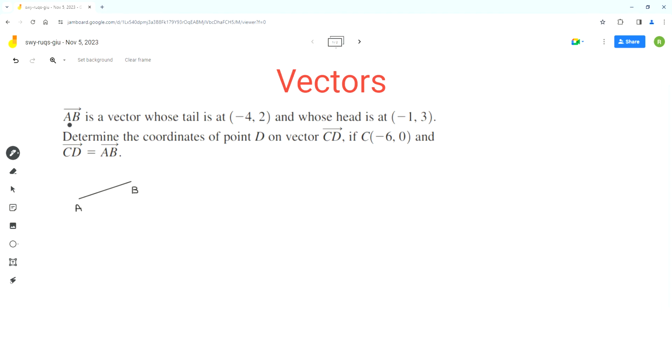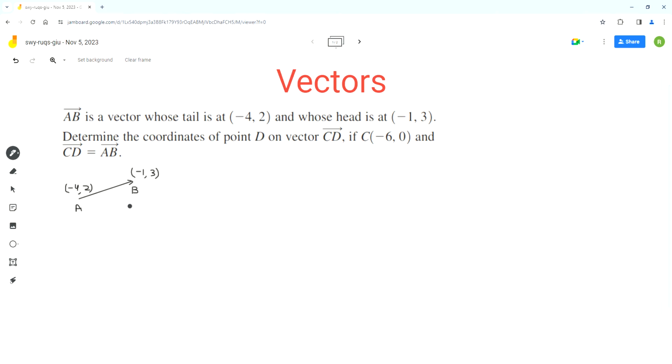So when we write vector AB, the vector starts at A and ends at B, so we put the arrow at B. Point A is (-4, 2) because point A represents the tail of the vector, and point B is the head, so we label this point as (-1, 3).